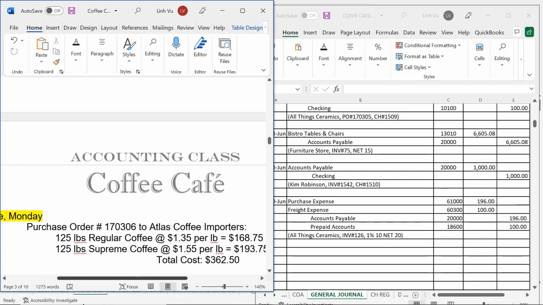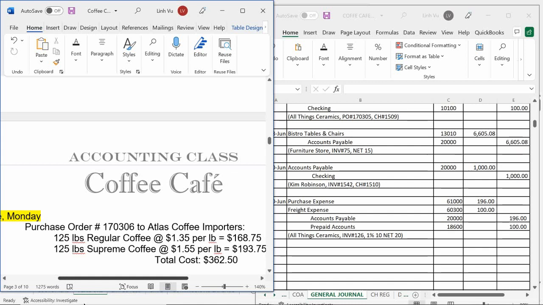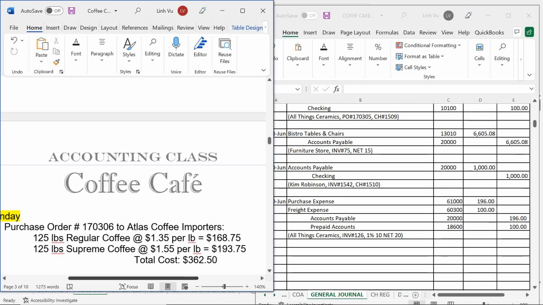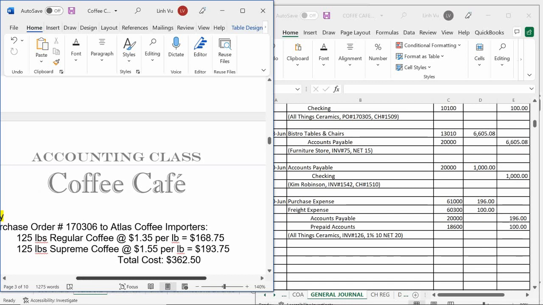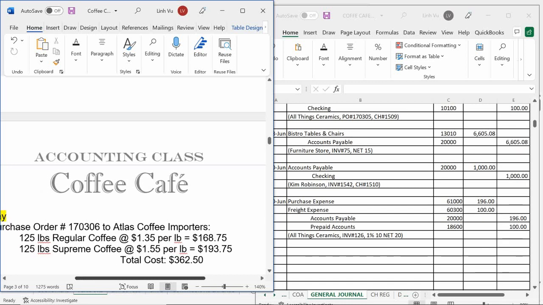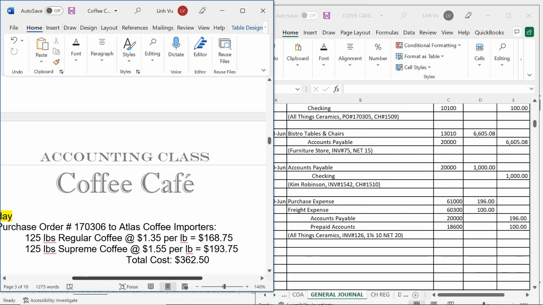Then we ordered another 125 pounds of Supreme Coffee at $1.55 per pound, to get us a total of $193.75. Okay, so in this case, my total purchase order is going to be $362.50.